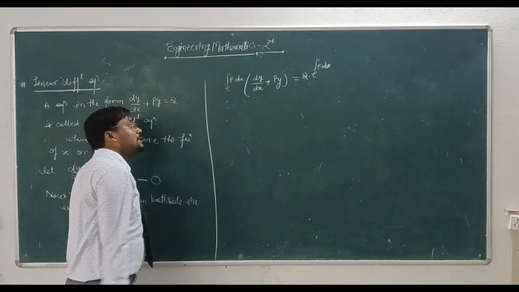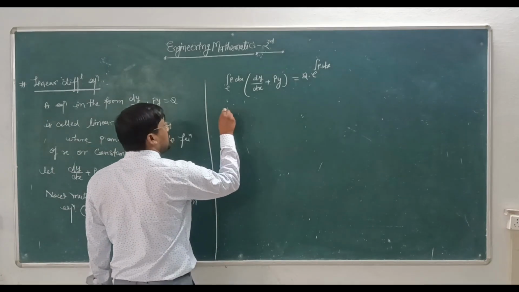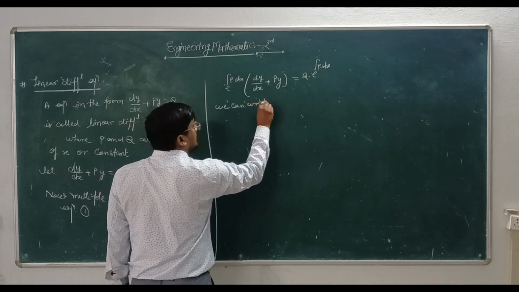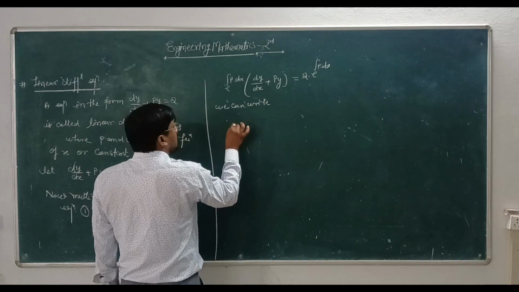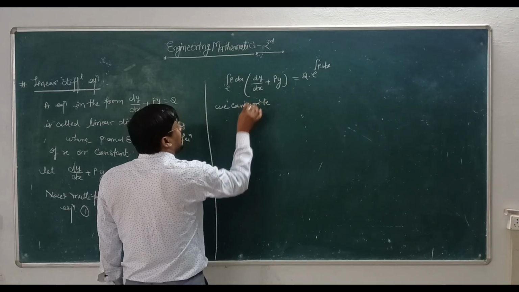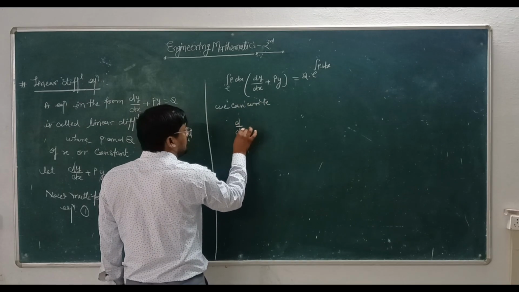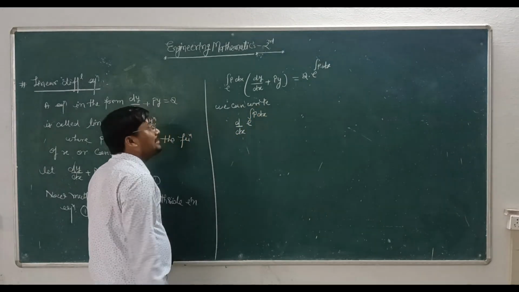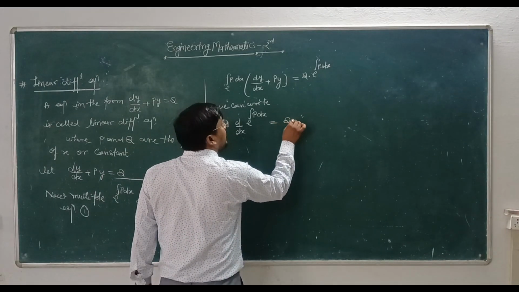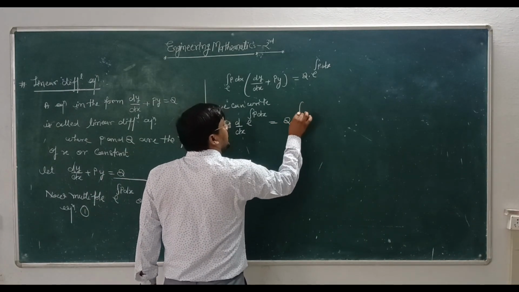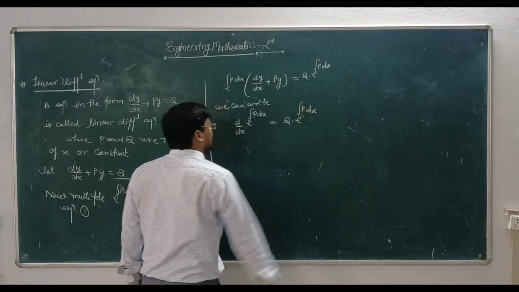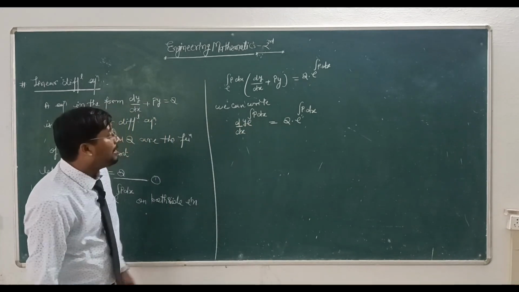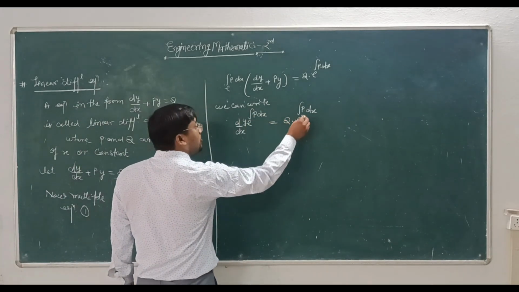Now we can write d/dx of e to the power integral P dx is equal to Q into e to the power integration P dx.